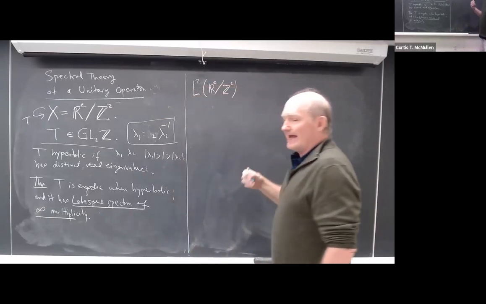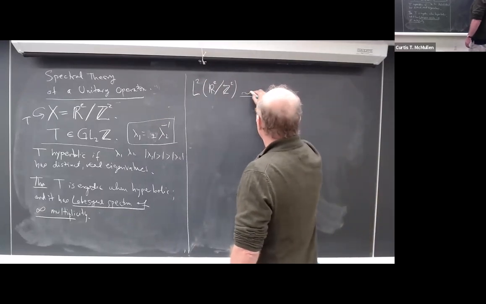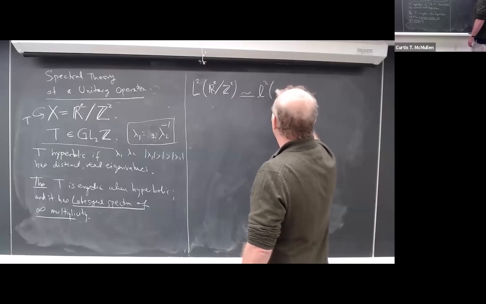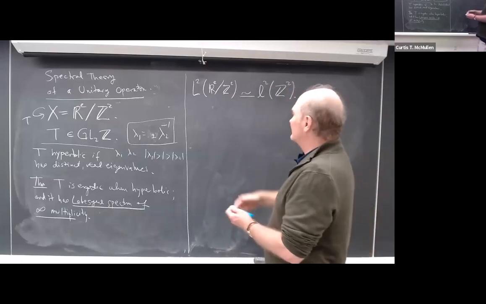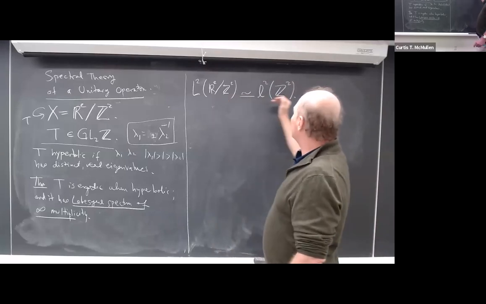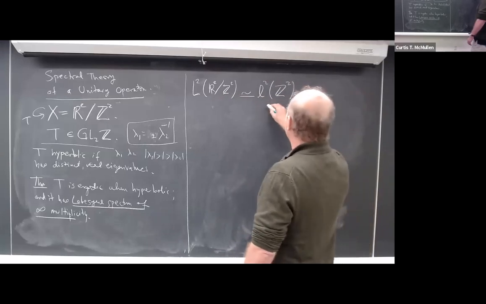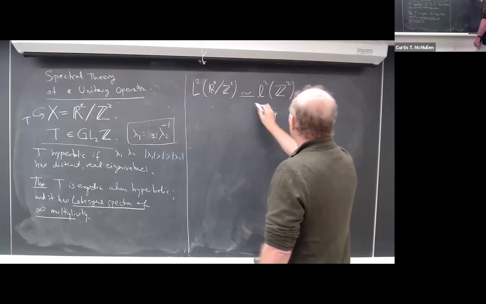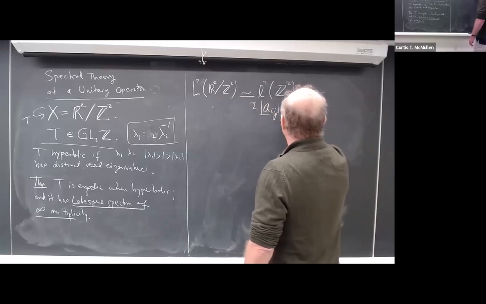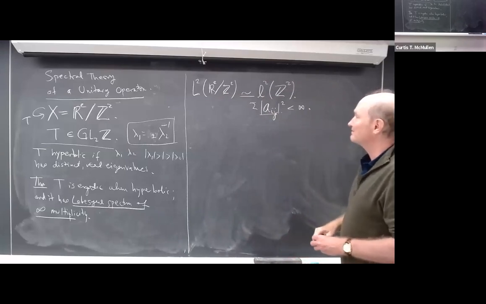Well, just like L2 of the one torus, this space is isomorphic to little L2, now no longer of Z, but of Z^2. And in general, big L2 of the d-torus is isomorphic to little L2 of Z^d. In other words, it corresponds to sequences a_ij with the sum of the absolute value of a_ij squared less than infinity. They're indexed by two numbers which naturally range in Z^2.